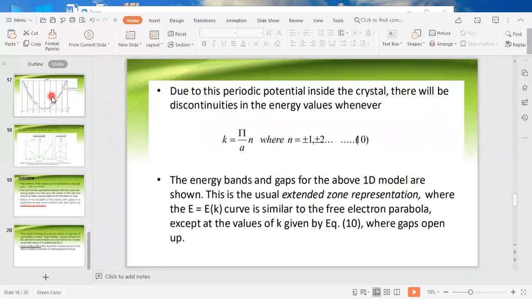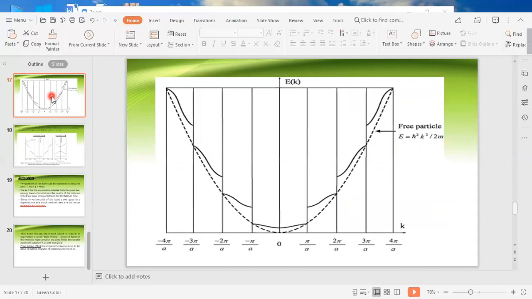Which means we are plotting this graph. We are taking the E-K graph, energy with respect to the K wave vector of a crystal lattice. And this graph is called an extended zone representation.